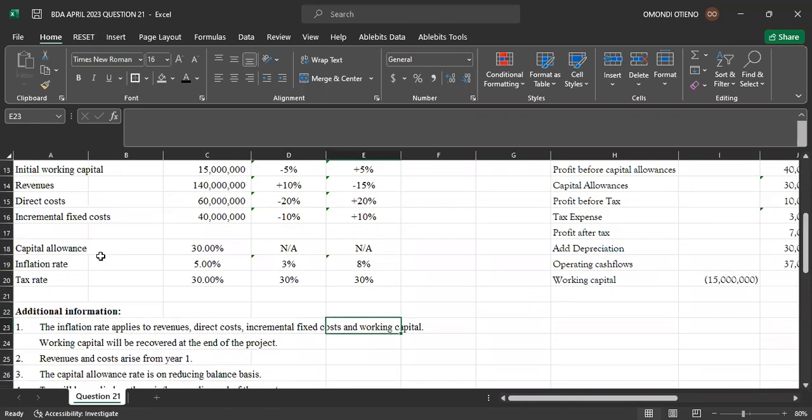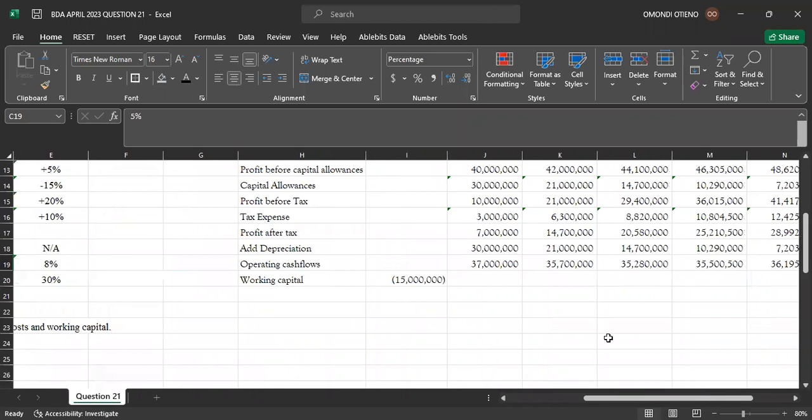So what is the inflation rate? 5%. Our working capital in period 0 is 15 million. This working capital will increase by what percent? By 5%.